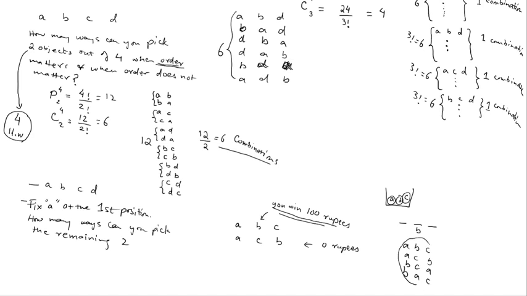When all of these are just the combination of A, B, and C, but there's only one ordering, or maybe there are 2 orderings in which you win 100 rupees. So if I ask you what is the probability of winning 100 rupees, how will you answer this?